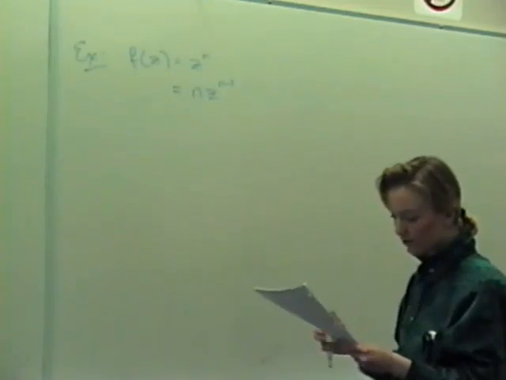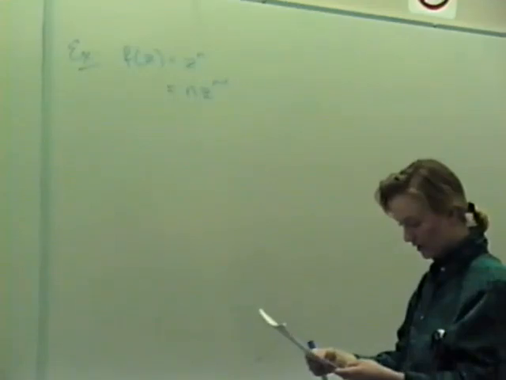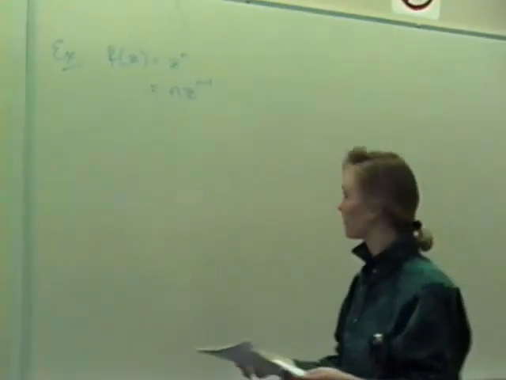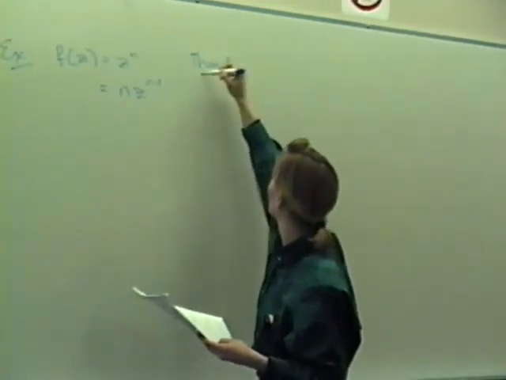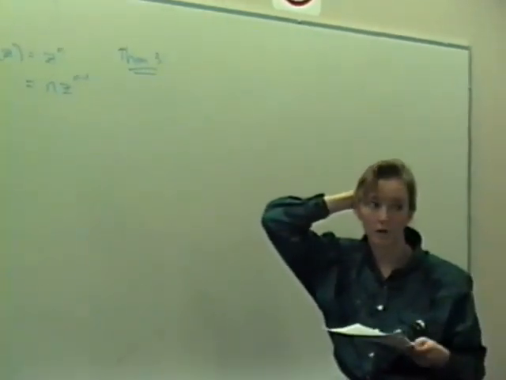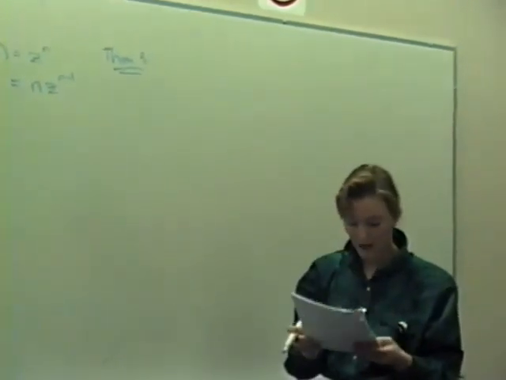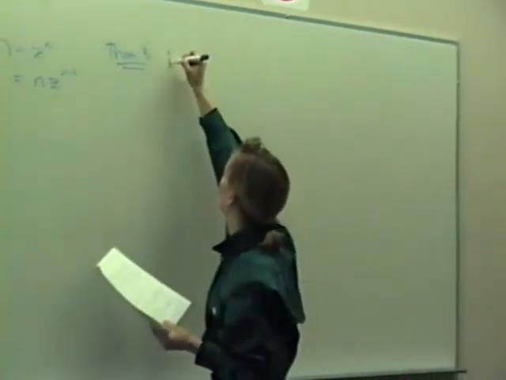You guys can have a photocopy of this. There's a theorem in the book, Theorem 3, that gives rules for differentiation. And if you've got your book there, you can see it. I've looked at other books that expand it a little bit, so I'm going to write it down this way.